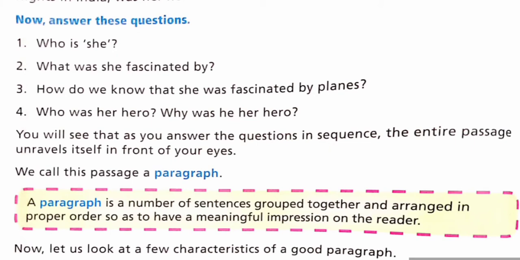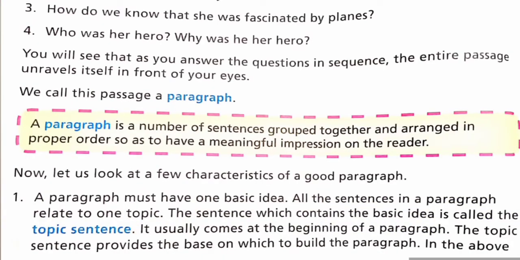Who was her hero? Why was he her hero? You will see that as you answer the questions in sequence, the entire passage unravels itself in front of your eyes. We call this passage a paragraph.